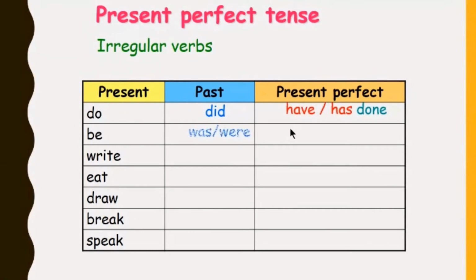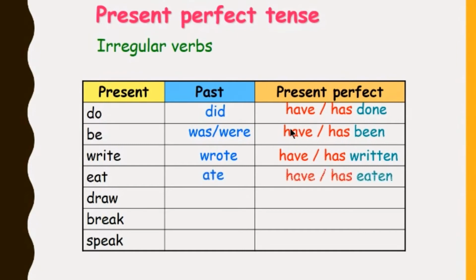Be, was or were. The present perfect, have or has been. Write, in the present. In the past, wrote. The present perfect, have or has written. You have eat in the present, ate in the past, have or has eaten.